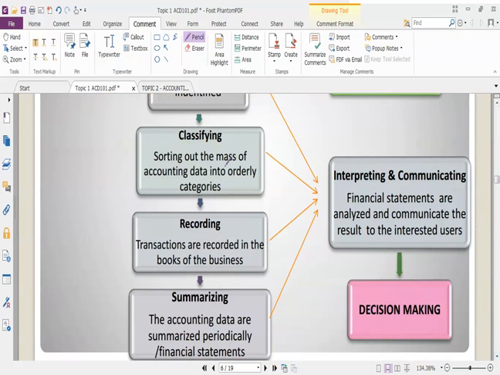After that process, the data is used for interpreting and communicating. The financial statements are analyzed and the results communicated to the interested users. We will discuss more on who the interested users of the financial statement are. After that, the users do the decision making process.